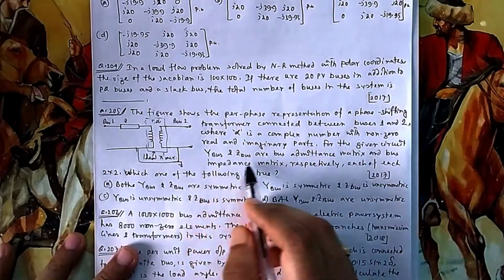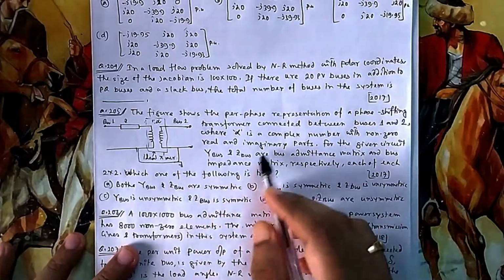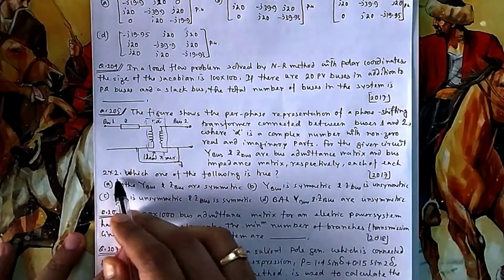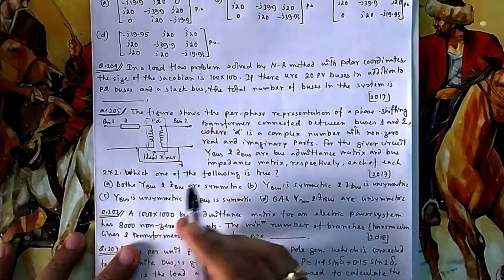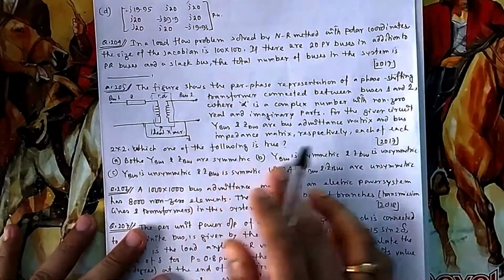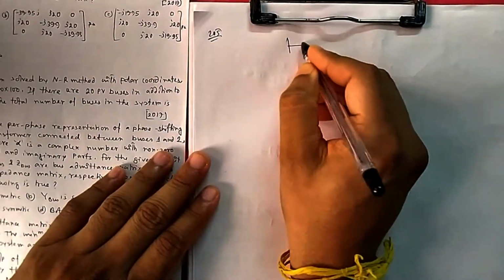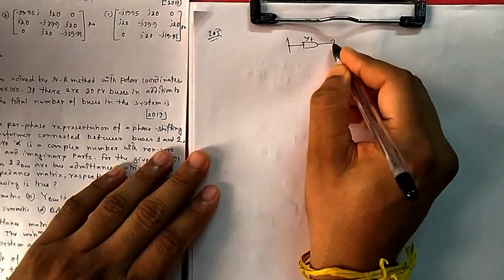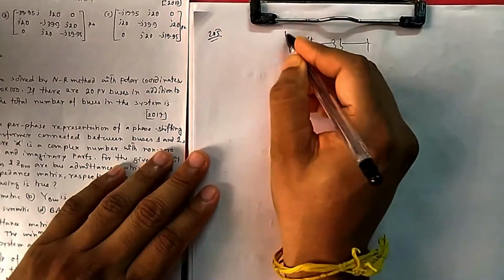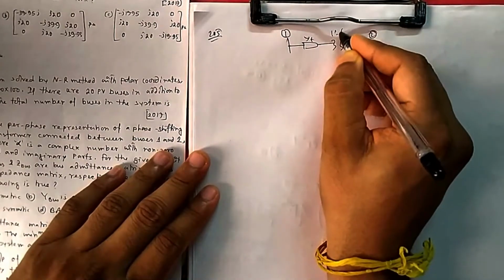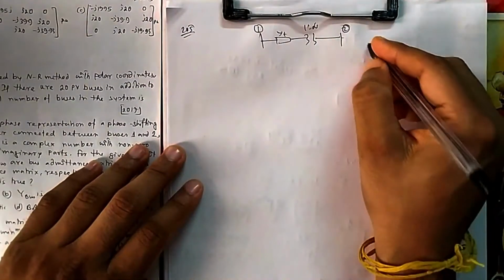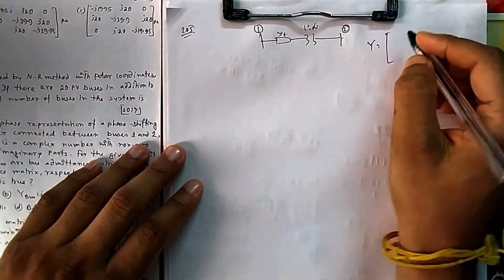For the given circuit, Y bus is the admittance matrix and Z bus is the impedance matrix respectively, then each of these is 2 cross 2. Obviously it will be 2 cross 2 for 2 buses. Which one of the following? Both are symmetric, unsymmetric. Now this can be proved. I am not deriving this one, but I think you know this. Suppose this is your Yt, and then you have a transformer. This is your bus 1, bus 2, and this is 1:alpha. Now it can be derived if you find your Y bus for this one.